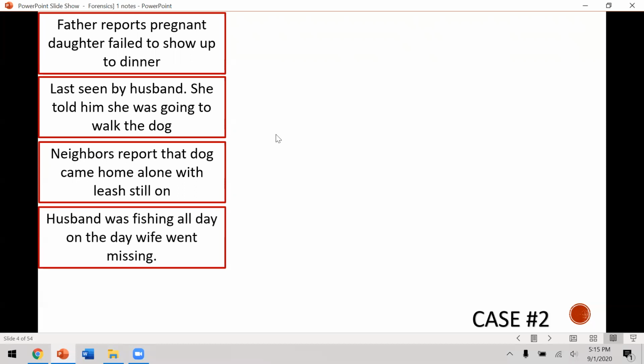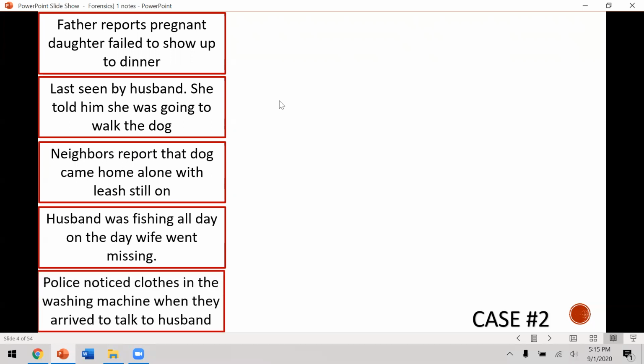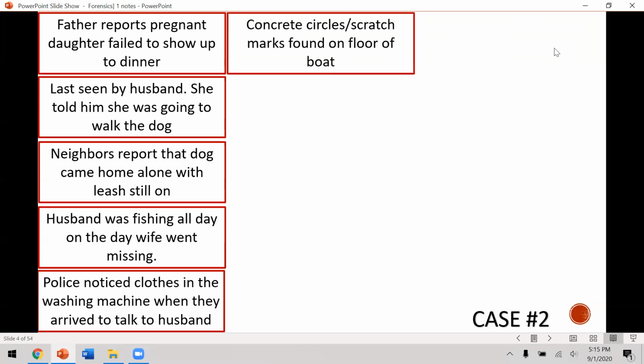The husband said he was fishing all day on the day his wife went missing. When police first came to the house, they noticed that there were clothes in the washing machine currently being washed. On the husband's boat, there were concrete circles and scratch marks found on the floor of the boat.